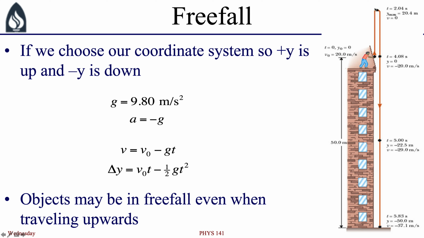And then at the apex of the motion, it will stop for an instant in time and then proceed to fall downward. But this whole motion, even the going up part, is considered free fall and has an acceleration in the downward direction, even though it's going up, because that downward acceleration is slowing it down, and even when it's going up, the only thing acting on it is gravity.